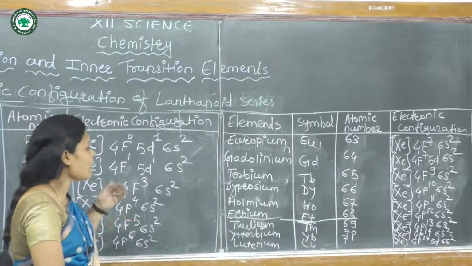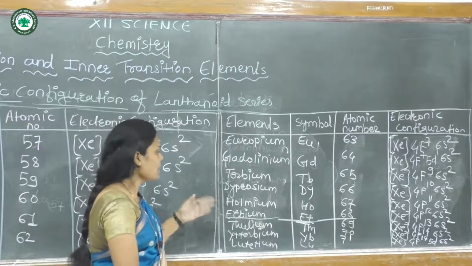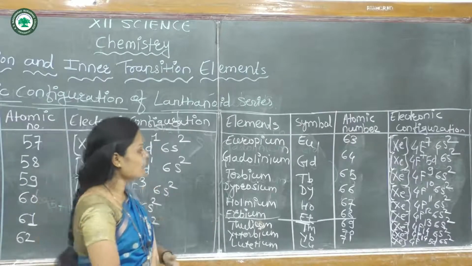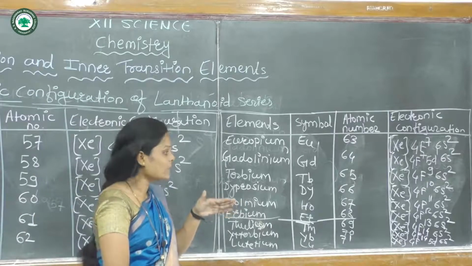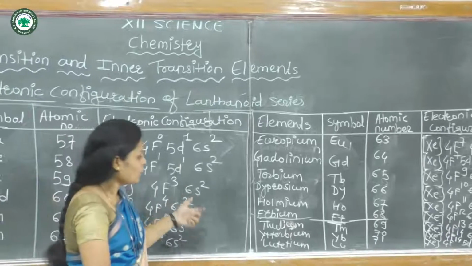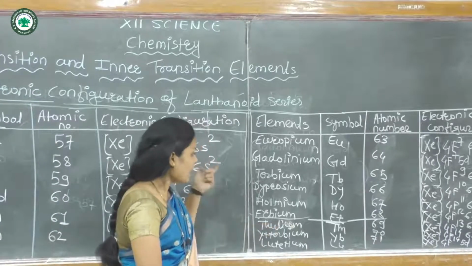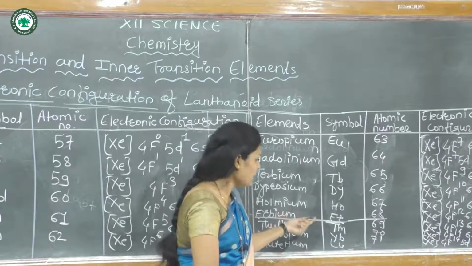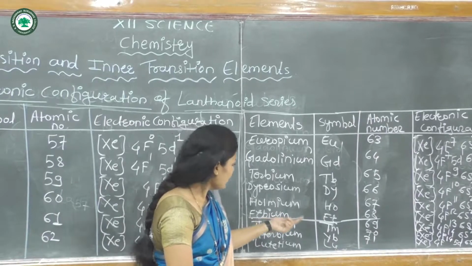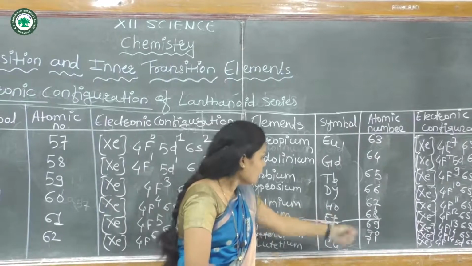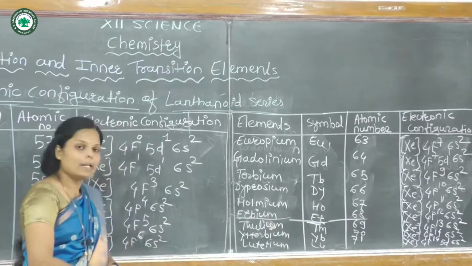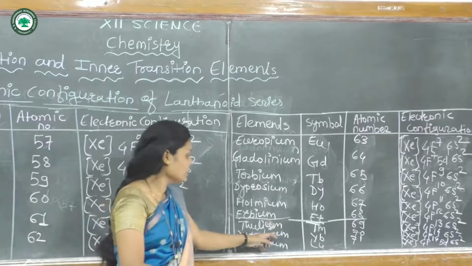The next is erbium. Erbium, atomic number is 68. Electronic configuration is 4f12 and 6s2. The next element is thulium. Thulium, atomic number is 69. Electronic configuration of thulium is 4f13 and 6s2. Then the element is ytterbium.